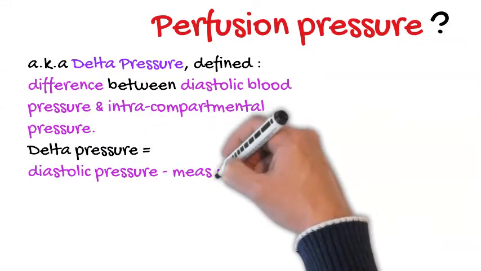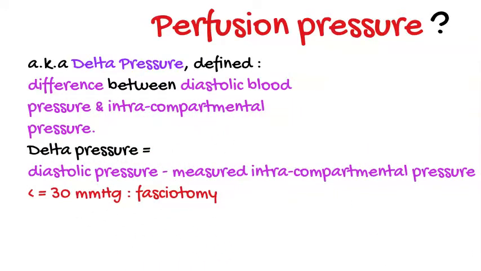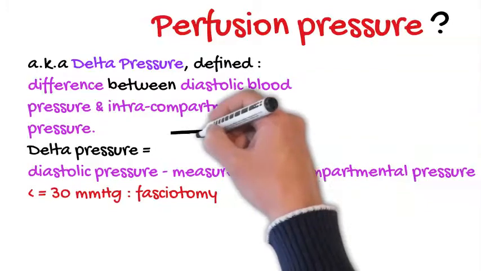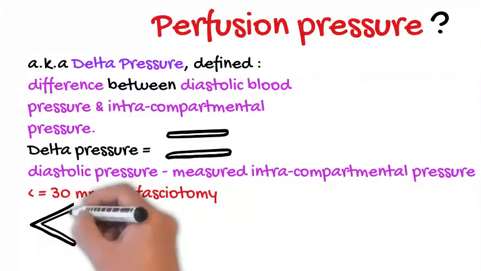Delta pressure is defined as the difference between the diastolic blood pressure and the intracompartmental pressure. Delta pressure is the diastolic pressure minus the measured intracompartmental pressure. If less than or equal to 30 mm mercury, there is an indication for fasciotomy.